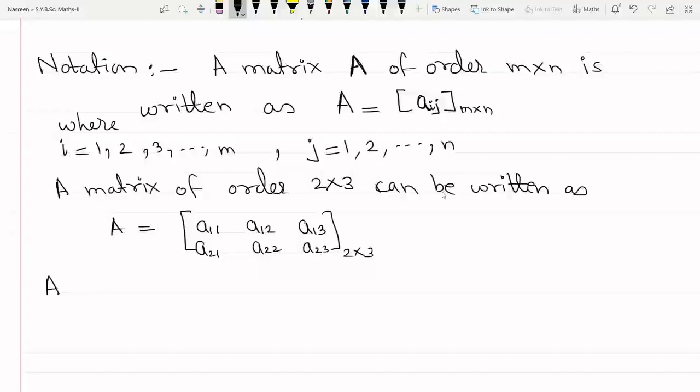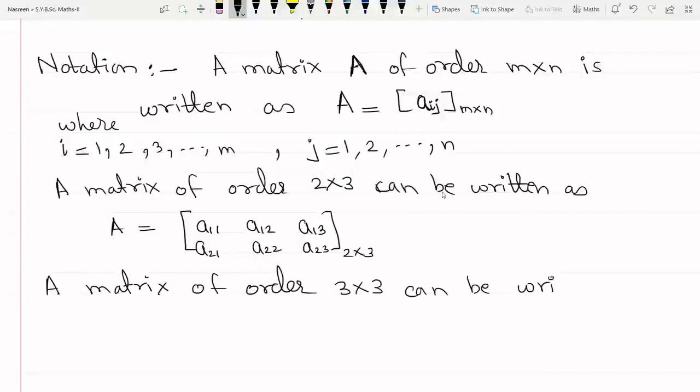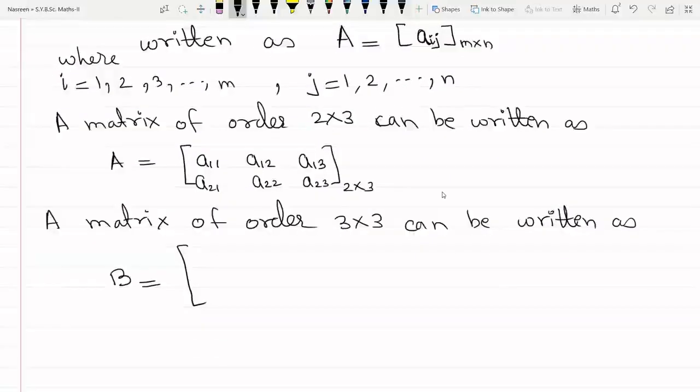Now suppose I want to write a matrix of order 3 by 3, 3 rows and 3 columns. Let us denote such a matrix by capital letter B. You can denote the matrix by any capital letter. What will be the first element of the matrix?